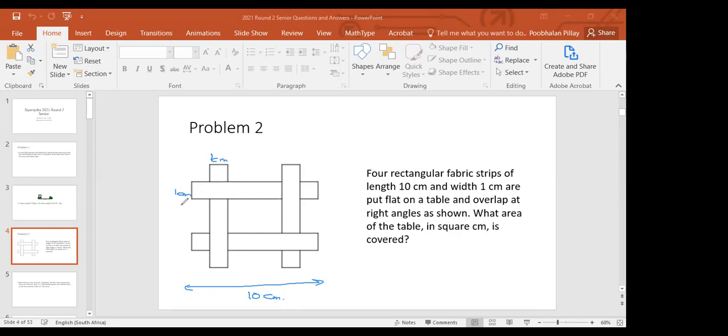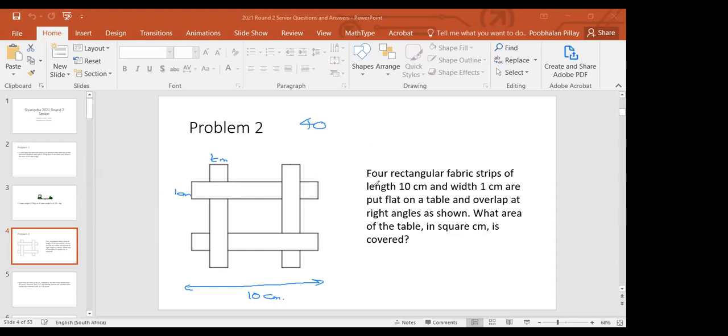Okay, now we'll have to see which part of those 4 strips does not touch the table. If you put the 4 strips on the table, then the area is 40. 4 times 10. Each strip is 10 square centimeters because 10 by 1. So there are 4 of them.